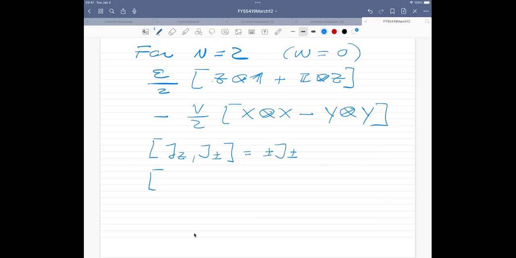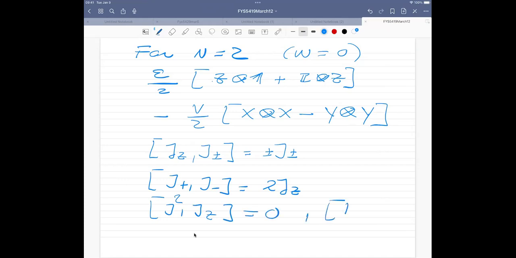We have a new commutation rule, which J plus and J minus, which is equal to 2 times Jz. Then I have the famous one, J squared with Jz. So they have the same eigenstates. And we will also find for this specific problem that these are equal to 0. And we have H, this is the Hamiltonian with Jz, is also equal to 0.